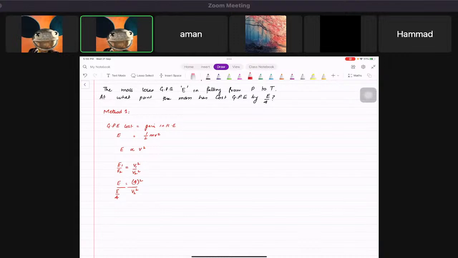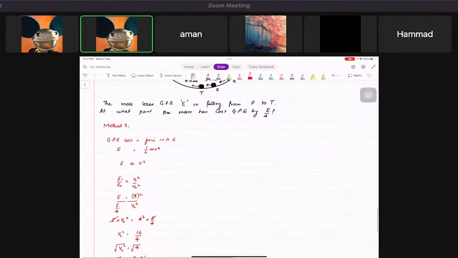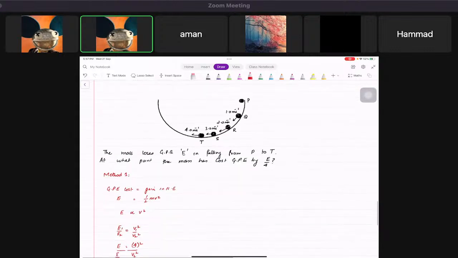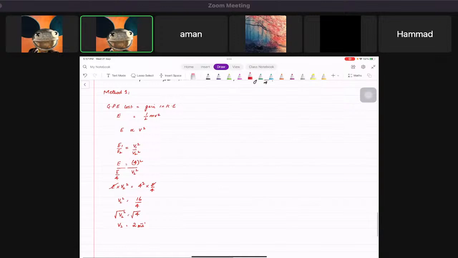So you can say, E times v2 square equals 4 square times E by 4. E and E will cancel out. This will get you v2 square, 4 square is 16 divided by 4, which is 4. So you take the square root on both sides. So v2 will be 2. And 2 meters per second is the speed at exactly r. So we can say that it reaches E by 4 at r. Do you guys understand this?